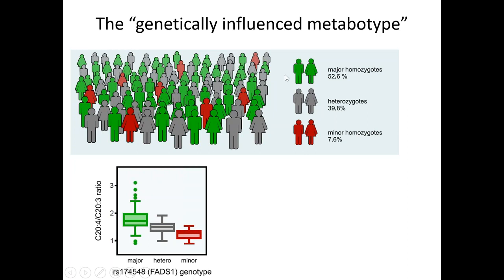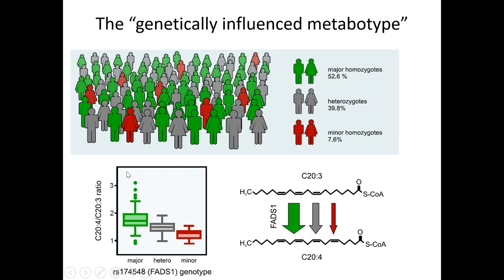In the population, you would have people who are homozygotes of the major allele, heterozygotes, and homozygotes of the minor allele. So there are basically three genotypes. What we found in these GWAS, and I will come back to that repeatedly, is a statistically very significant association between genotype and the metabolic readout.